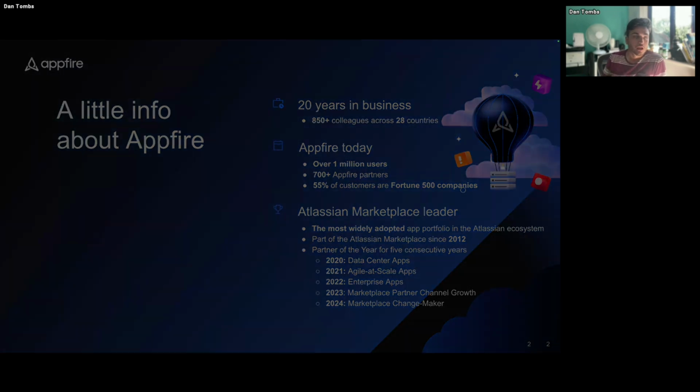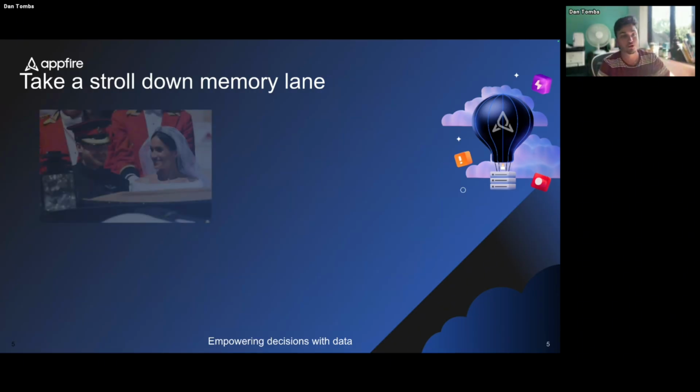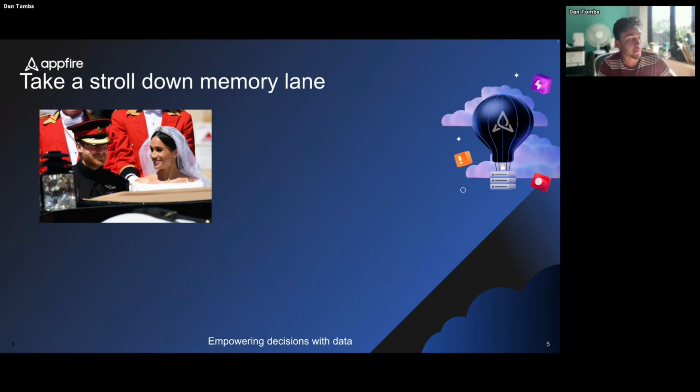So I want to take a stroll down memory lane. Now, cast your mind back 7 years ago and think about what you might have been doing. The year was 2018. The sun, funnily enough, today is actually shining here in England, so that's quite nice. But usually it wouldn't be. But Prince Harry and Meghan Markle got married 7 years ago.